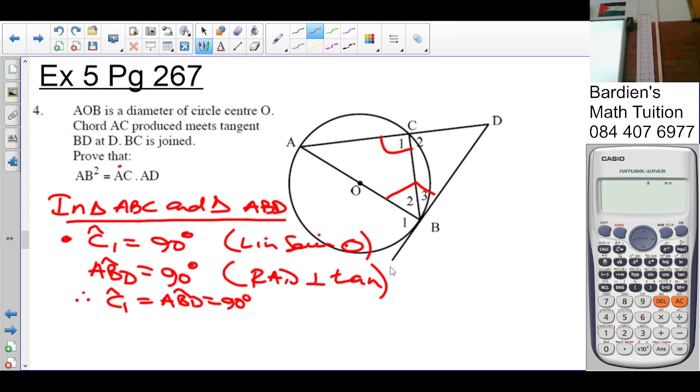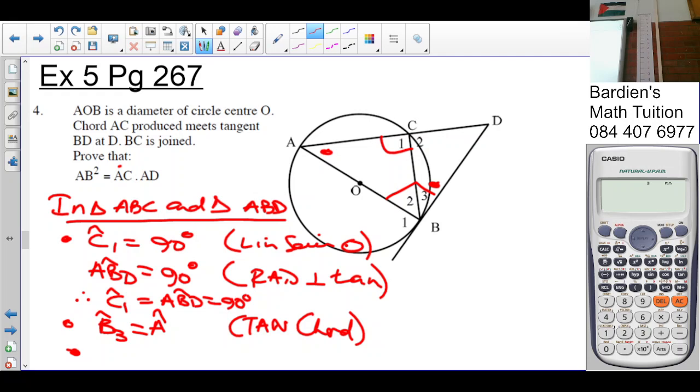Let's look at the next one. Angle B3 is equal to angle A. Why? Tan chord theorem. So which angle is left out or needs to be accounted for?